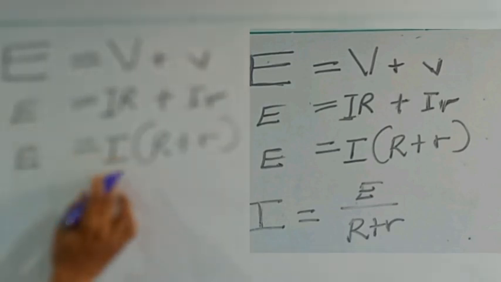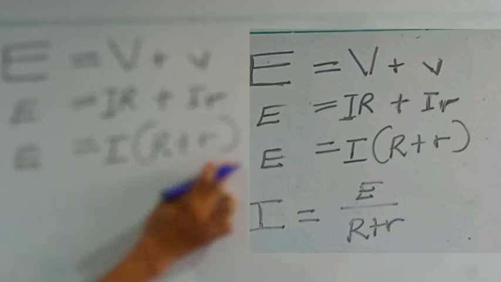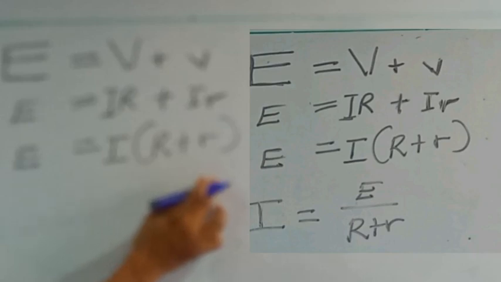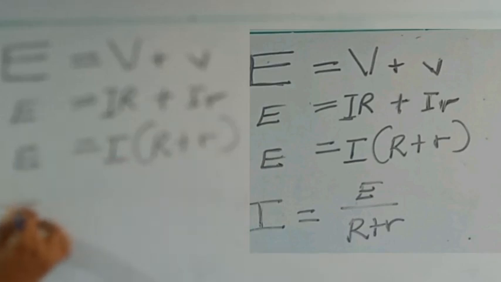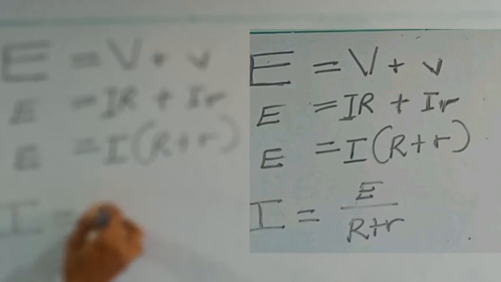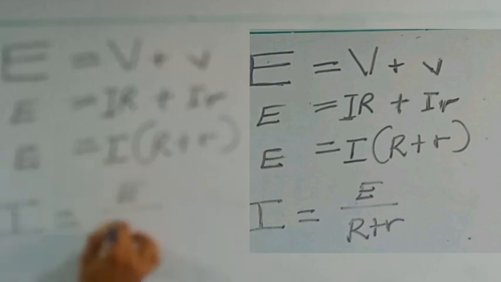So make current the subject of the formula. You will divide by R plus small letter r, so that current standing alone will be E over R plus internal resistance r.